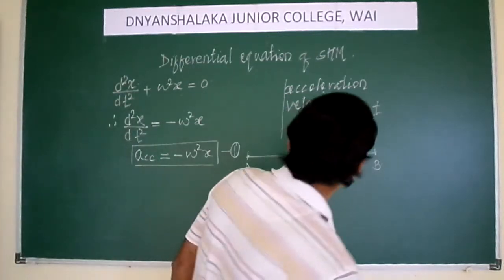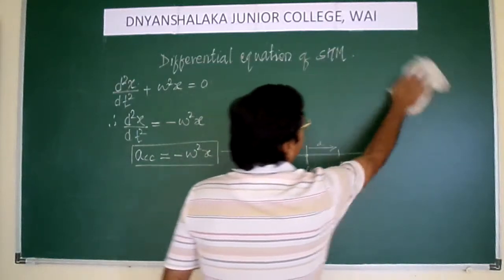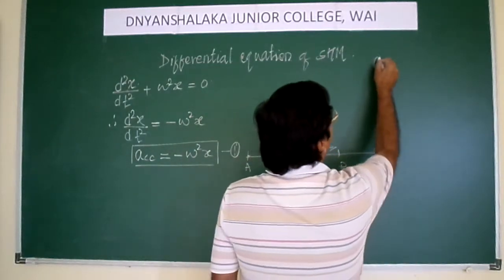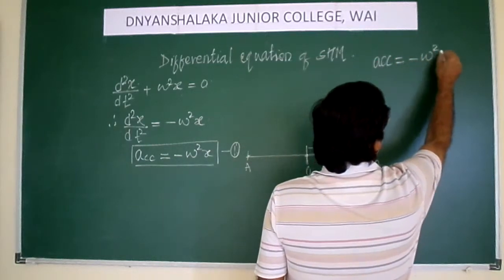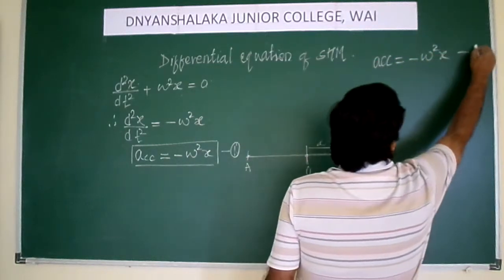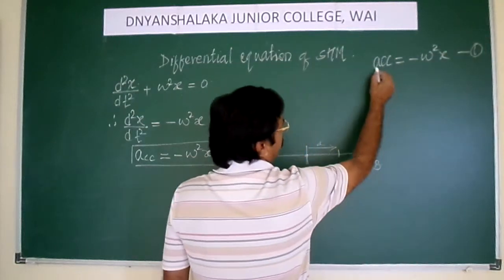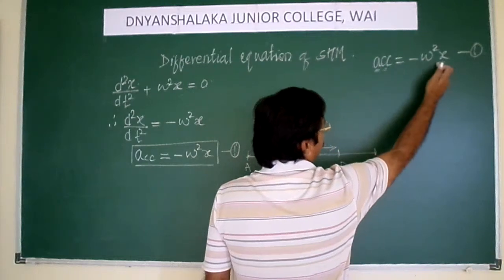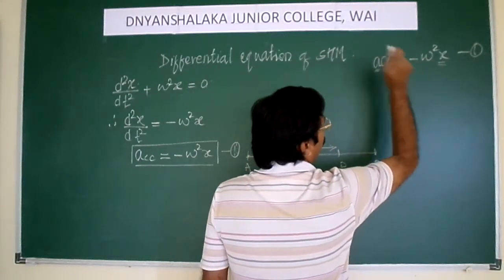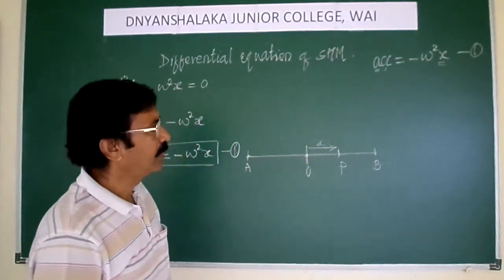We'll record it over here: acceleration is minus omega square x. Here, acceleration and displacement are in opposite directions to each other, so the negative sign.